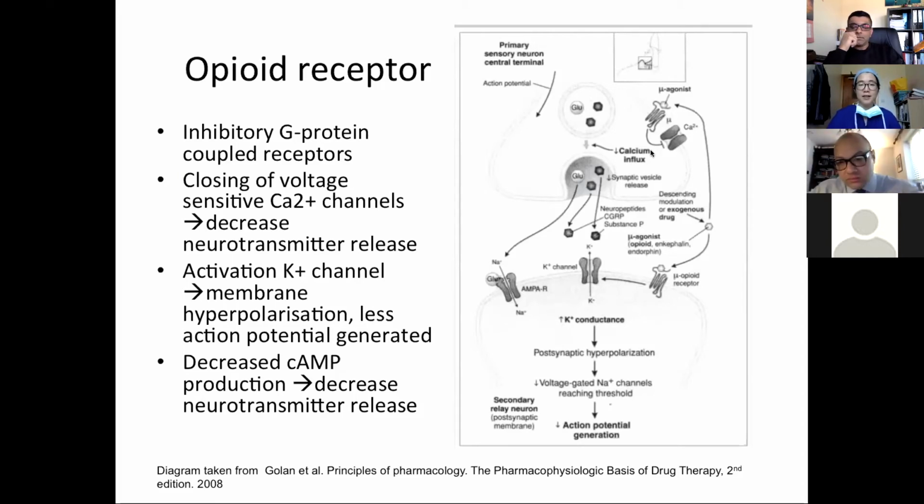At the same time, there's also activation of the potassium channel in the postsynaptic membrane that leads to membrane hyperpolarization and hence fewer action potentials generated. There's also a decrease in cyclic AMP production, and that also decreases neurotransmitter release.